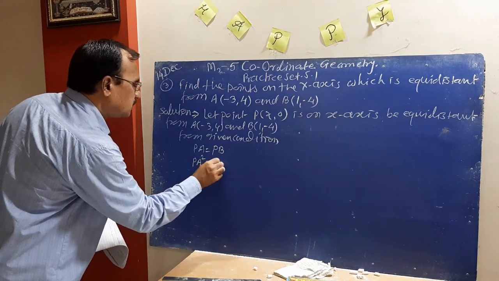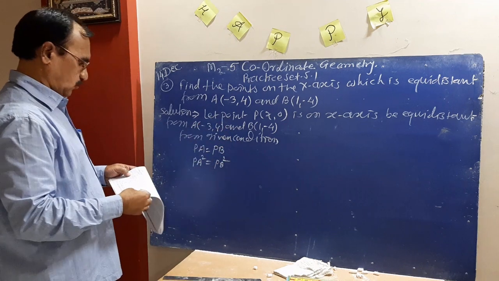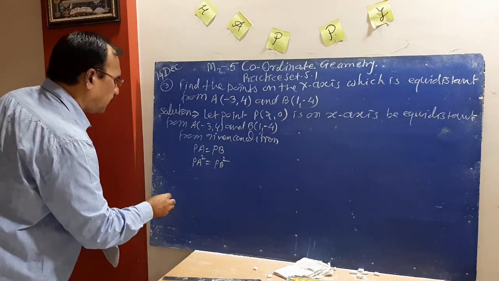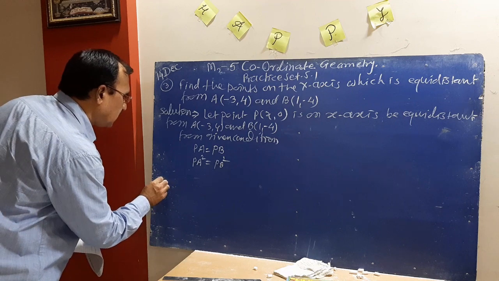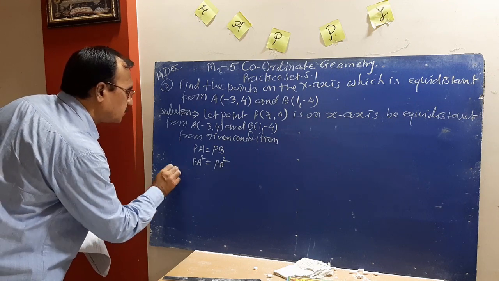Squaring both sides, PA square is equal to PB square. And now by distance formula we put the values on both sides.